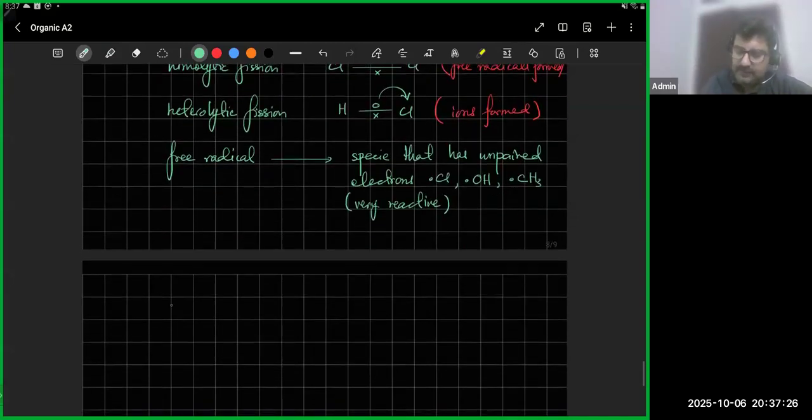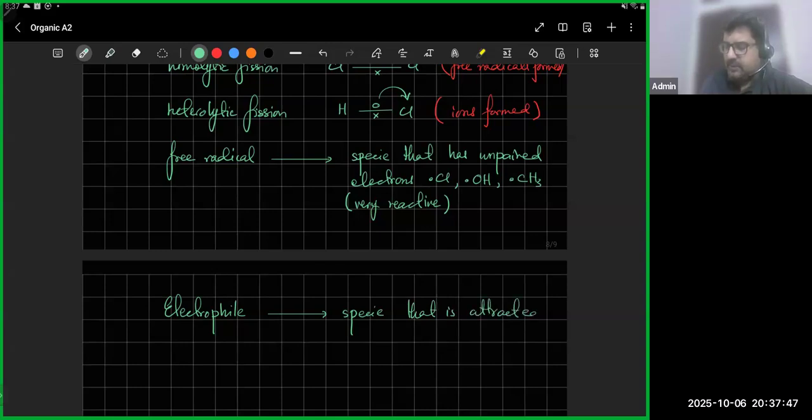And what else was there? Electrophile. What's an electrophile? An electrophile is a species that is attracted to electrons. So it's something that's electron deficient or positive.